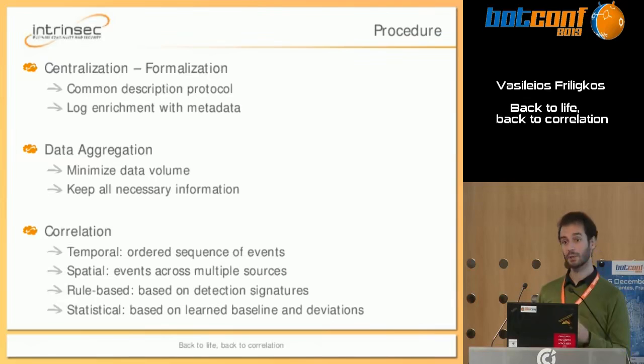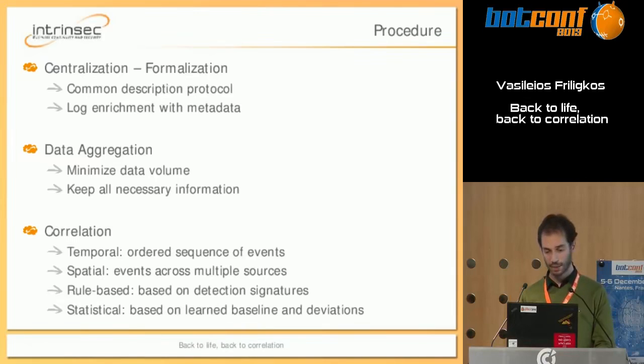We need to centralize all of that in one place so as to have an overview of what's happening across our IT infrastructure. And on top of that, we need to find a common description protocol so as to be able to treat all data equally, in the same way.